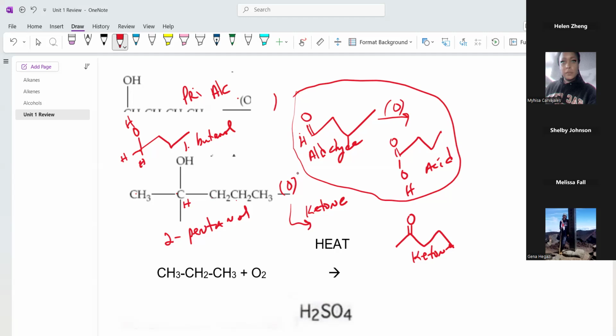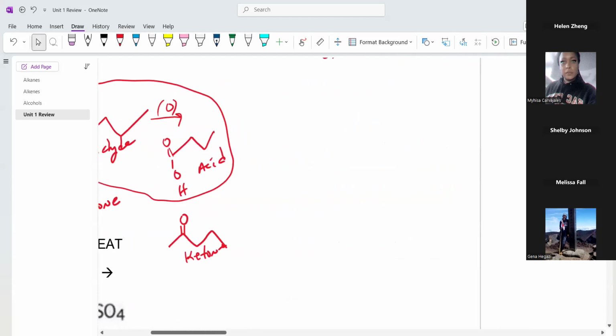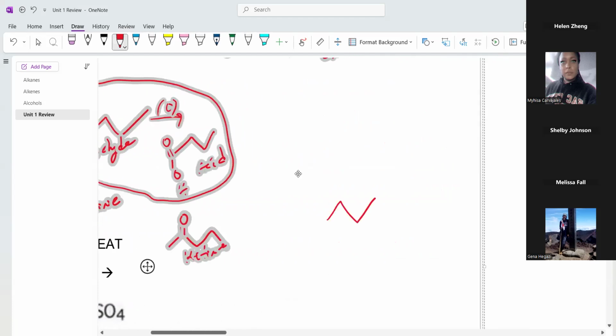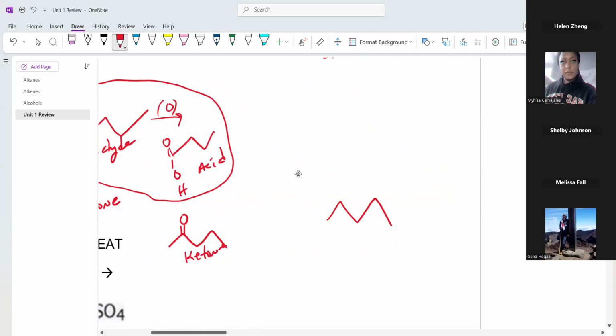Now, if instead of H here, it was a methyl group, that would mean it's a tertiary alcohol, and they cannot be oxidized.